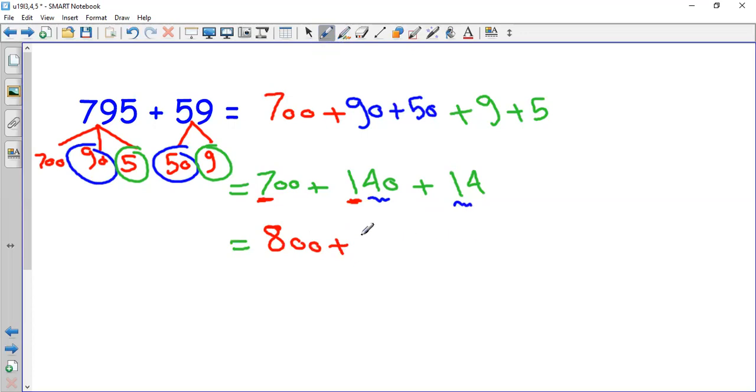Together they make 50. Plus I have only 4 ones. I will write 4. Let's find the answer: 800 plus 50 plus 4. Recombine these multiples and you will get 854.